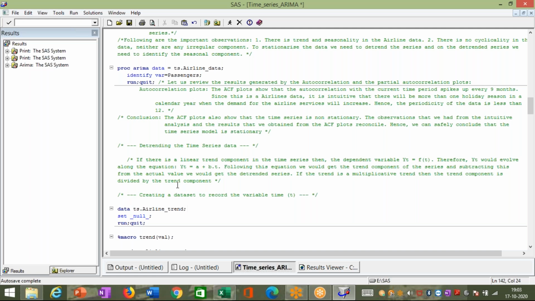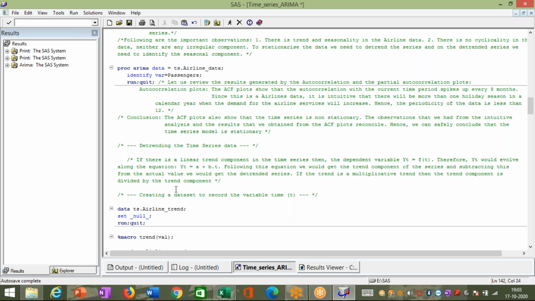I need to pull out those components from there. And this is where this detrending exercise comes into play. So what I need to do is two things. One is Y_t equals A plus B t.